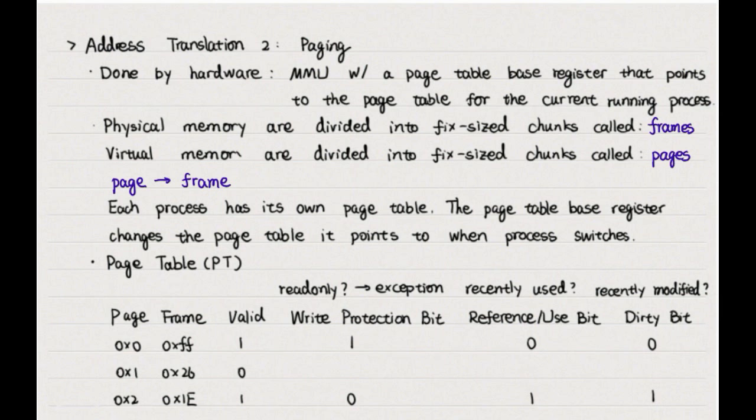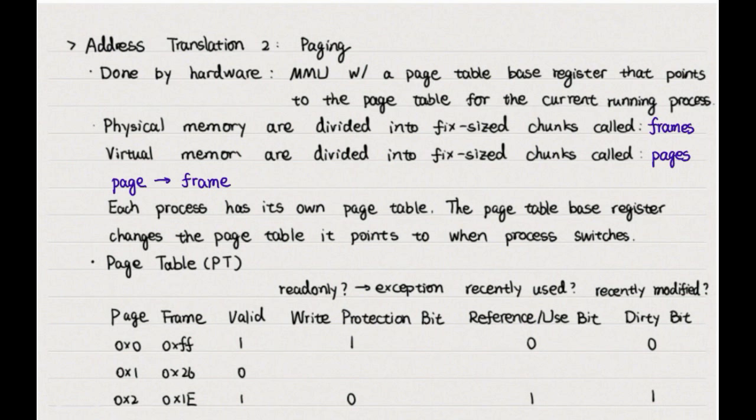Each process has its own page table for lookups. The address of the page table is placed in a special register in MMU called Page Table Base Register. For simplicity, we'll refer to the value stored in the Page Table Base Register as PT.